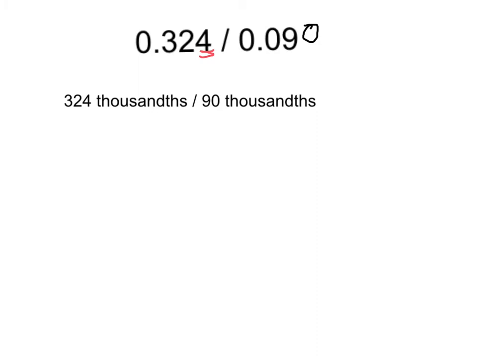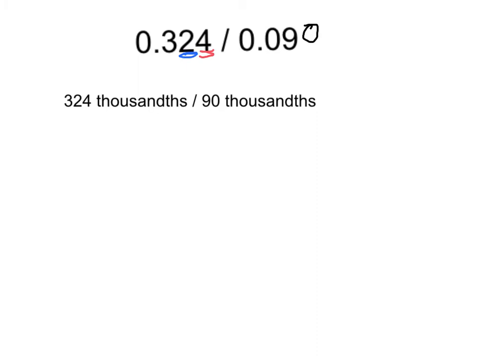So let's just rewrite it again. Let's try to make these numbers so the division will be easy. So let's think about how many hundredths we have. Okay, and let's look at the hundredths place value. So for 0.324, these are the hundredths.